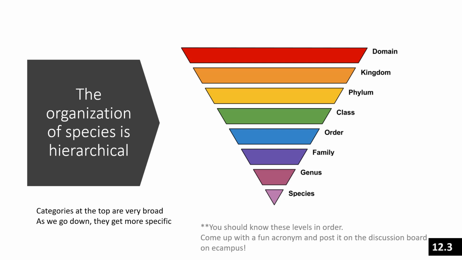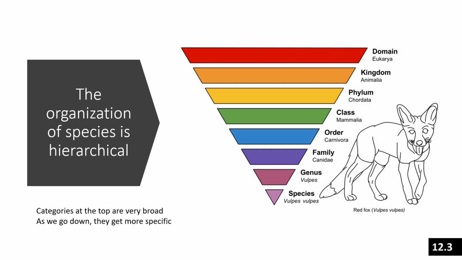There are different levels of classification, from very broad, like at the level of domain, to very specific, like the species level. Here's an example of the red fox, which belongs to the species Vulpes vulpes.